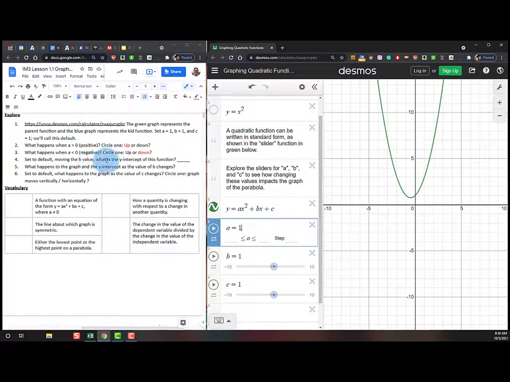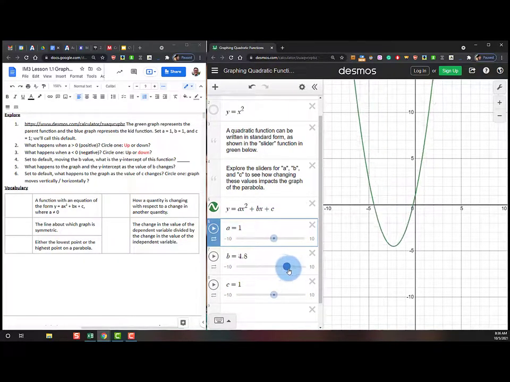Moving the b value, what is the y-intercept of this function? So here's the y-intercept right now. It is 1, and it's telling us move the b value. So what happens to the b value?